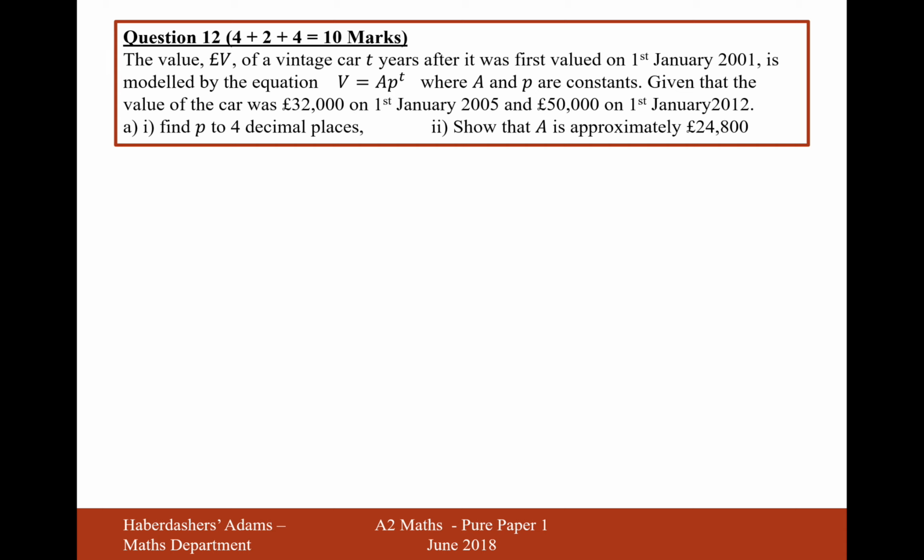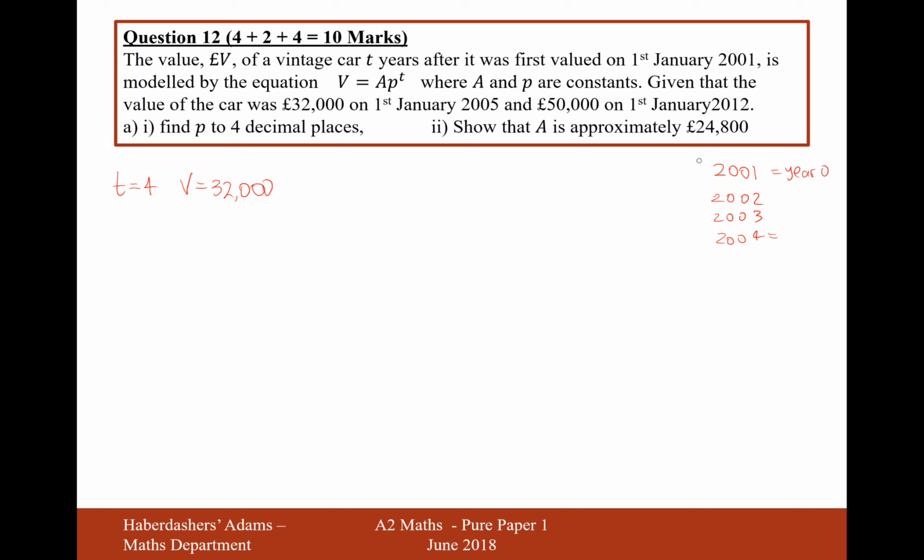Okay, so 2001 we'll call effectively year 0. So 2002 would be year 1, 2003 would be year 2, 2004 would be year 3, and 2005 would be year 4. So when t equals 4, the value is equal to 32,000.